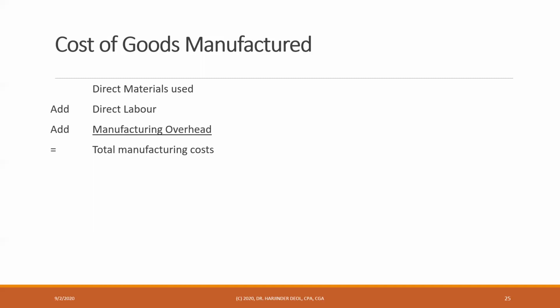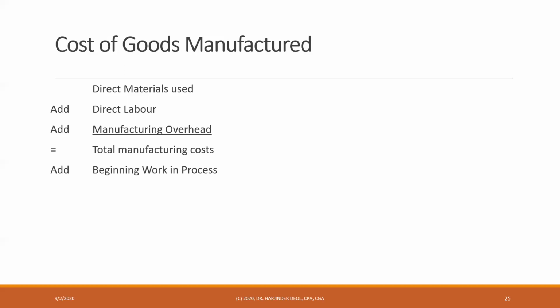Now, total manufacturing costs is not the same thing as cost of goods manufactured. There's a couple of adjustments that you have to make. So to this total manufacturing cost amount, you want to add the cost of beginning work in process.